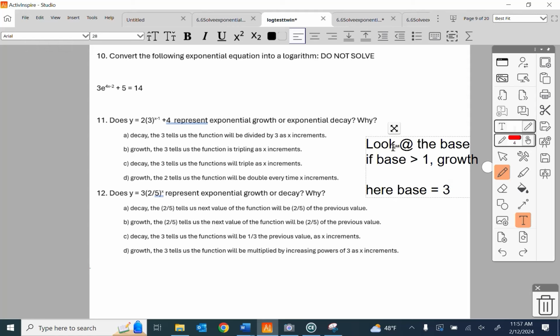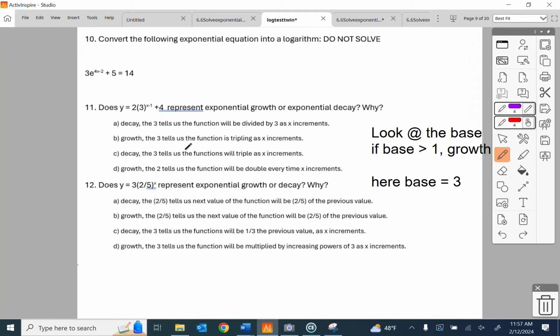So I'm not going to worry about anything that says decay. That's how hard it is to pick out growth or decay. Now it says growth, the 3, growth, the 2. The base was 3. It's got to be choice B. And the rest of it's right. It tells us the function is tripling as x increments. So if x grows by 1, the function triples. That's how it works.